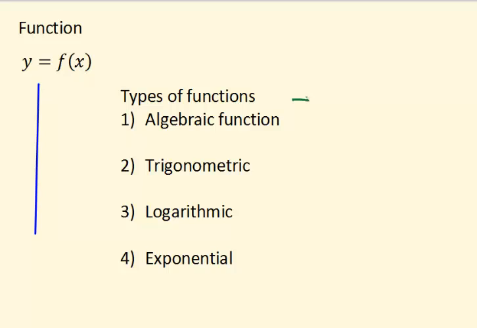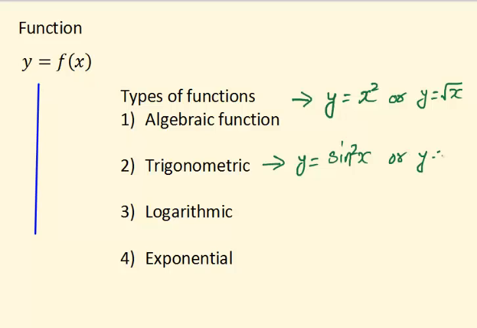Example of an algebraic function would be y equal to x square, or y is equal to root x, and so on. Example of a trigonometric function would be y is equal to sine square x, or y is equal to tan x. These are examples of trigonometric function.